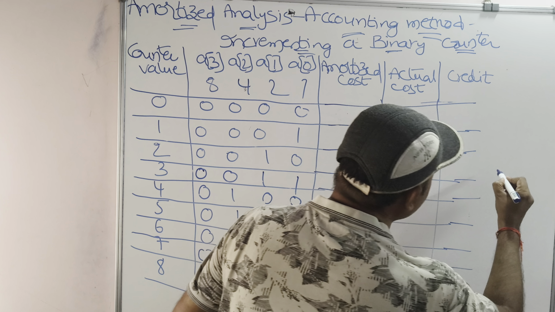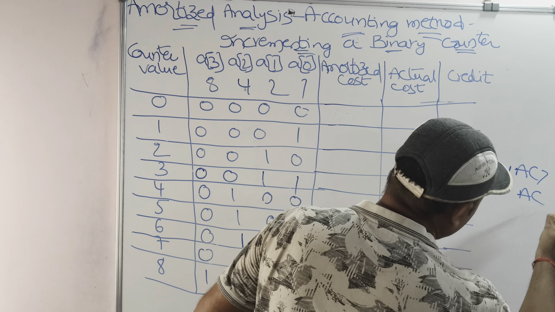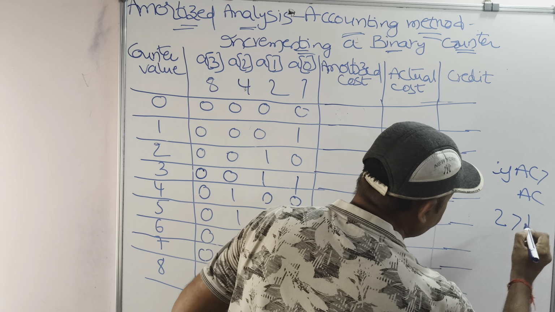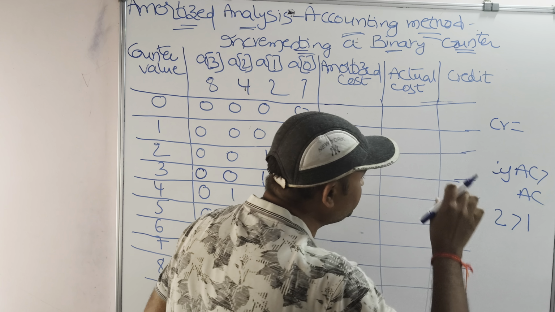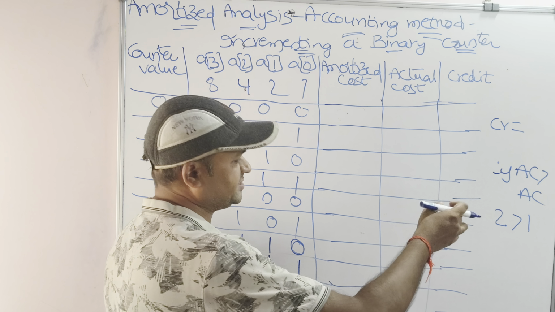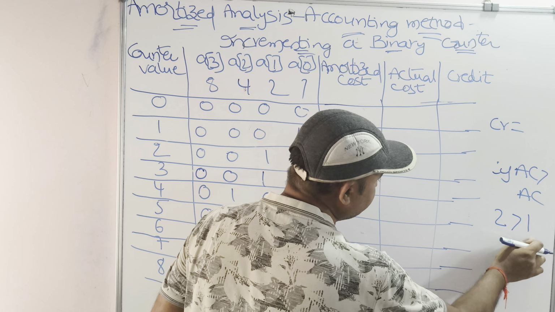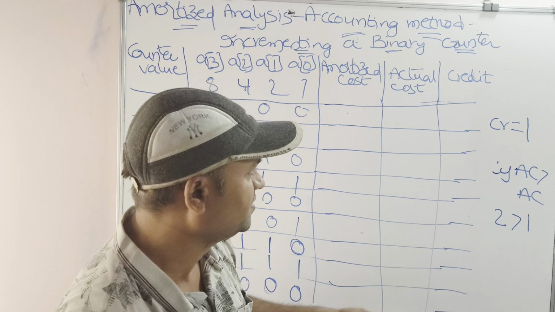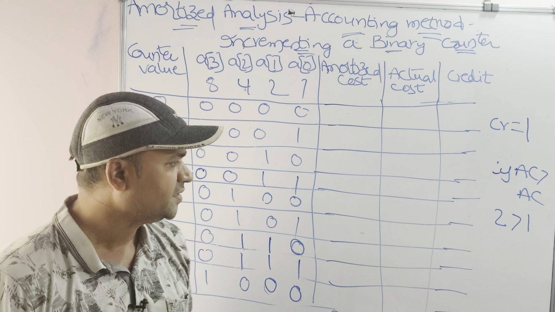If amortized cost is greater than actual cost, let amortized cost be 2, whereas actual cost is 1, then we have to save the credit for future purposes. What is credit? Amortized cost minus actual cost. So now the credit is 2 minus 1, that is 1. So we will save this credit for future purposes.